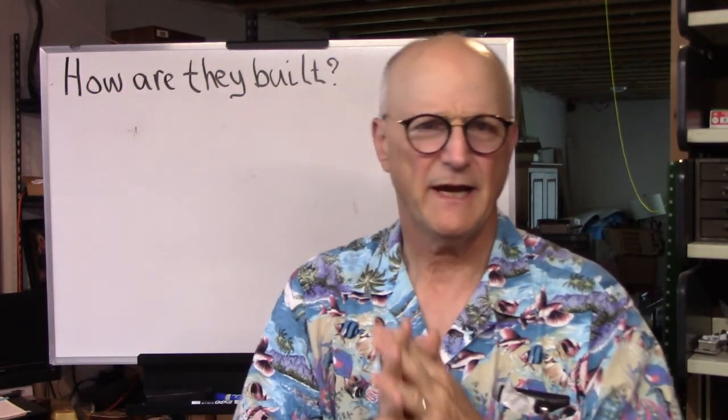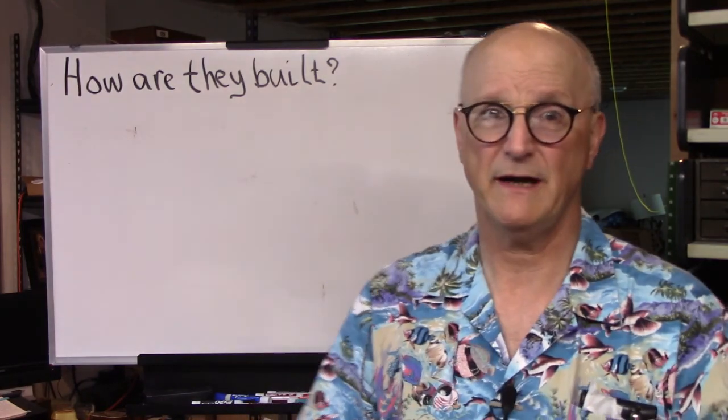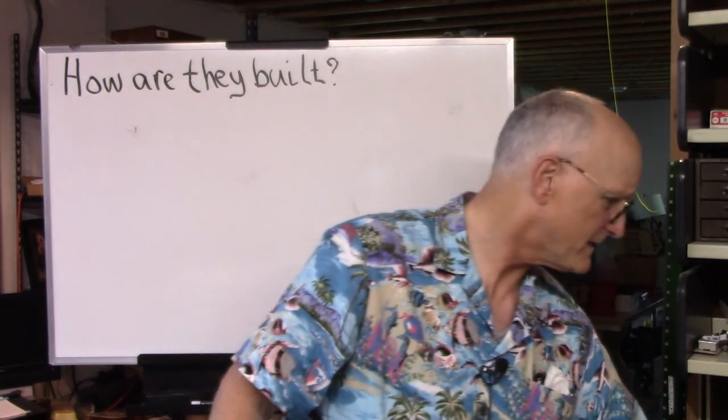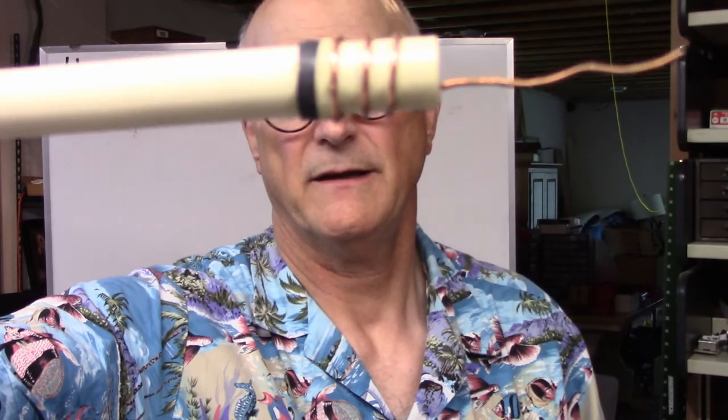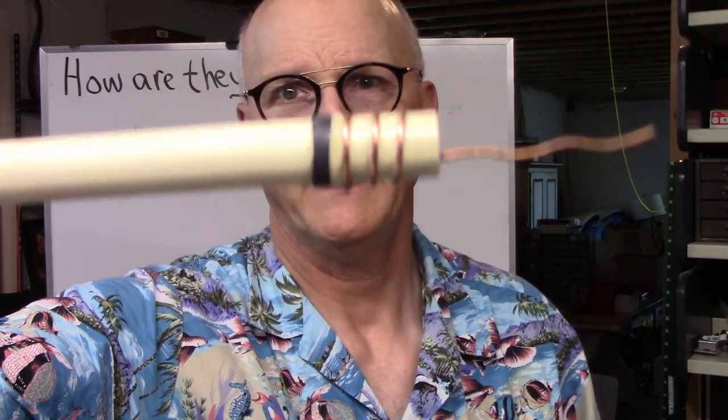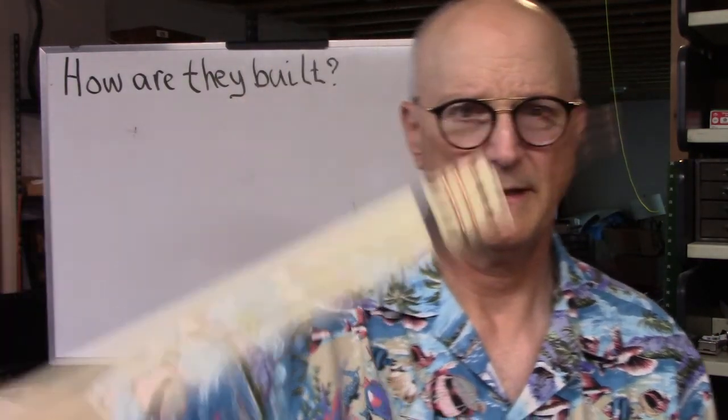Now, with all of this said, the simplest form of an inductor is a standalone coil, like my little friend here. There I have my little inductor. It's just a coil of wire.